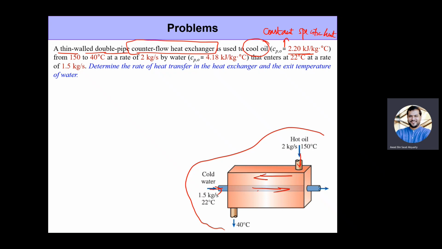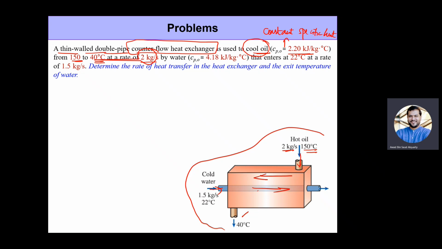Okay, so you have a counterflow heat exchanger, and the whole purpose why we purchased or designed it is because we want to cool the oil from 150 degrees Celsius to 40 degrees Celsius at a rate of 2 kilogram per second. Okay, so the mass flow rate of oil is given. We know the temperature at which it enters, and we know the temperature at which we want it to exit.